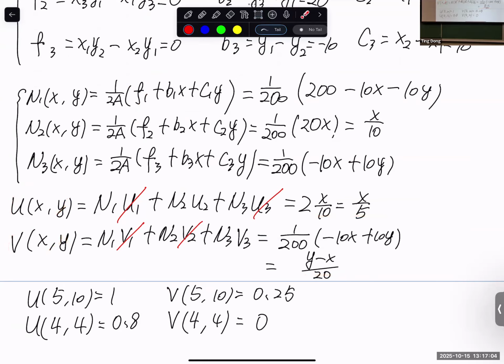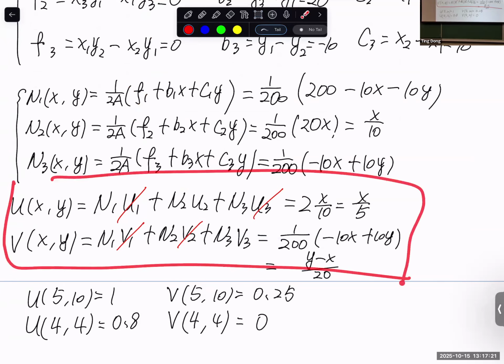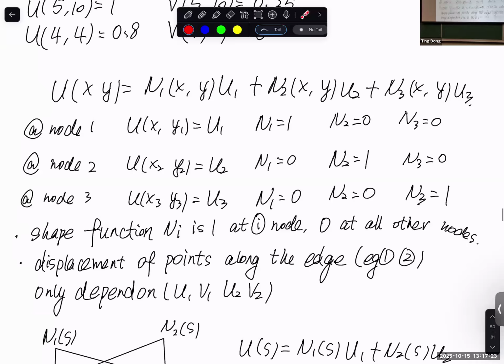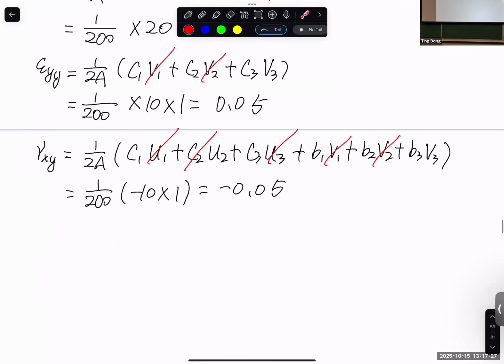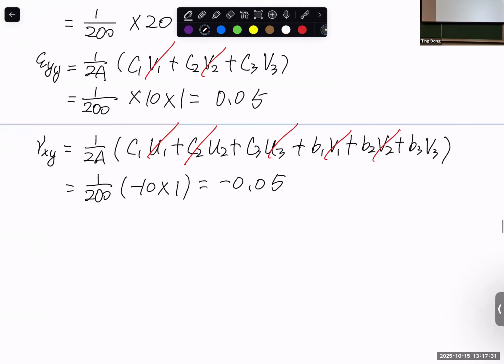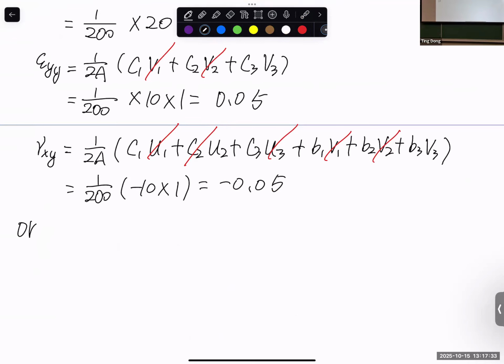We know the partial derivative of U with respect to x equals the strain in the x direction, so you just take the derivative of this one. And the partial derivative of V with respect to y gives the normal strain in the y direction. Since we already have these two expressions derived, it might save you some time during the exam to just use the definition of the strains.